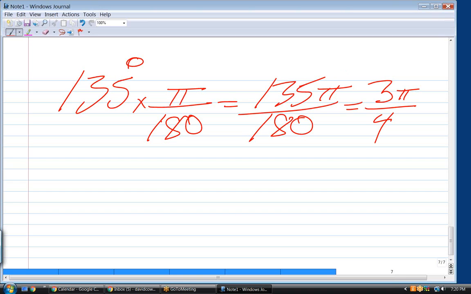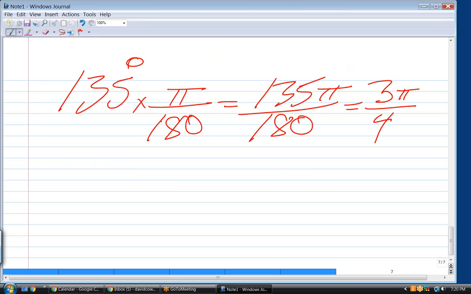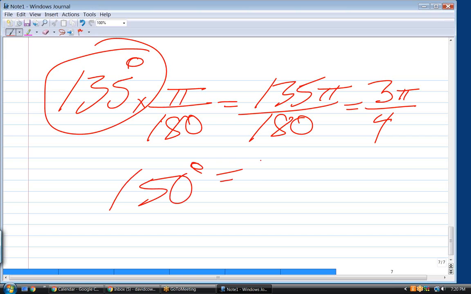But that's a lot of work. That's not that easy to do. And she doesn't let us use the calculator on this part. See, I have gotten to a point where I know that's 3 pi over 4. I don't go through a conversion in my mind. I know 150 degrees is 5 pi over 6.